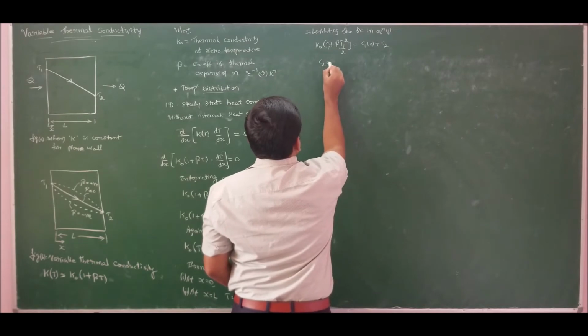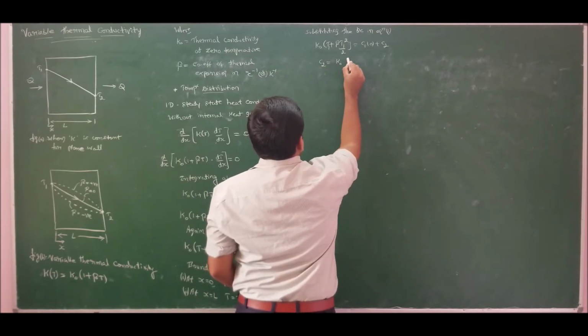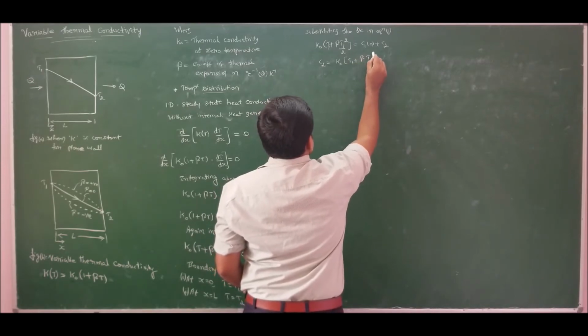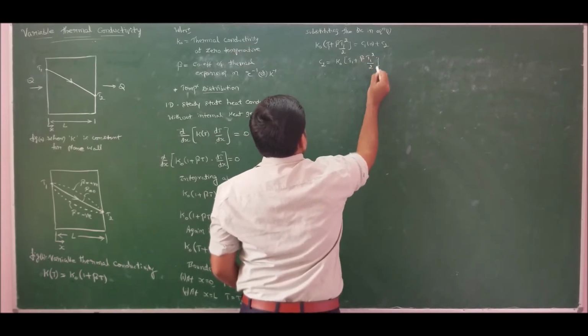Hence you get the value of c2 as k naught of t1 plus beta t1 square by 2.